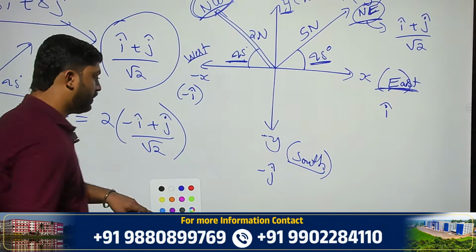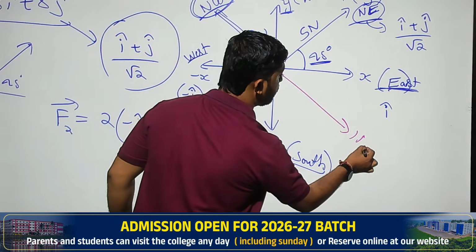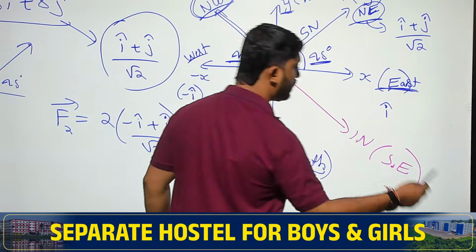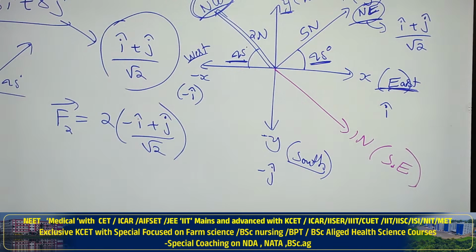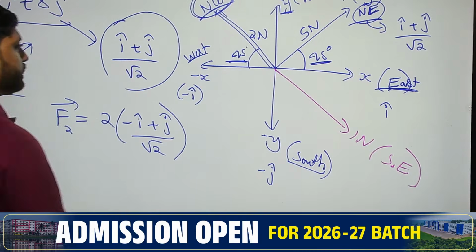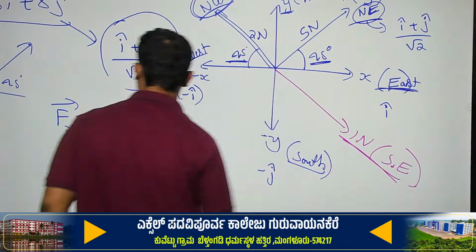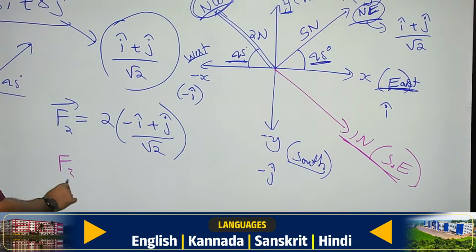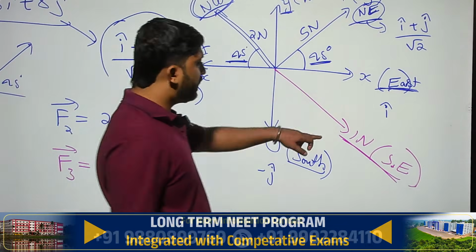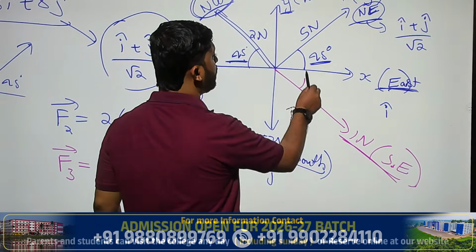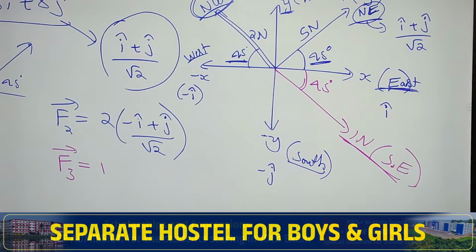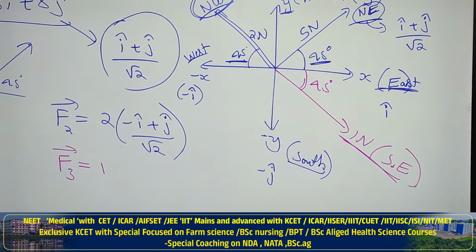And if 1 Newton is in southeast, how to represent this vector? So we have a third force, magnitude is 1. What is the direction? Can you tell me? This vector makes an angle of 45 degrees, in the southeast direction.